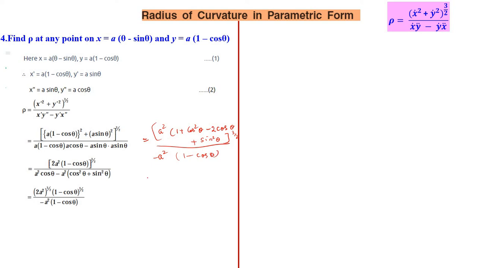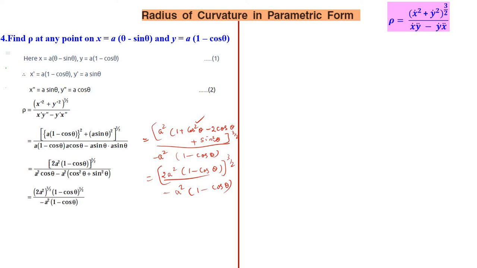So coming to the numerator again, cos square plus sin square, so you have a square into 1 plus 1 minus 2 cos theta, so 2 minus 2 cos theta, taking 2 outside, so you have 2a square into 1 minus cos theta whole thing raised to 3 by 2 divided by minus a square into 1 minus cos theta.